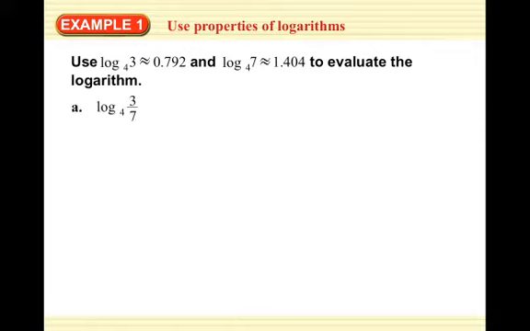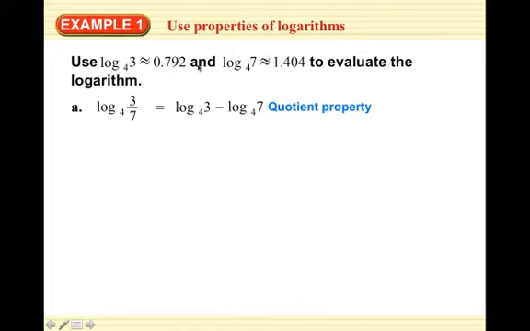The first one we have is log base 4 of 3/7, so that's 3 divided by 7, and we can use the quotient property. We're going to expand this logarithm, and then substitute. An equivalent form is log base 4 of 3 minus log base 4 of 7.